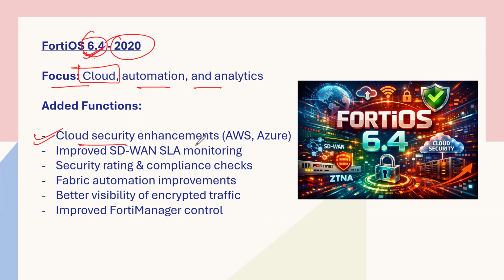So cloud security enhancements, like for AWS and Azure, improved SD-WAN, security ratings and compliance checks, fabric automation improvements, better visibility of encrypted traffic, and improved FortiManager control. FortiManager is responsible for managing multiple devices in a centralized way. Correct? Now, this is for 6.4.